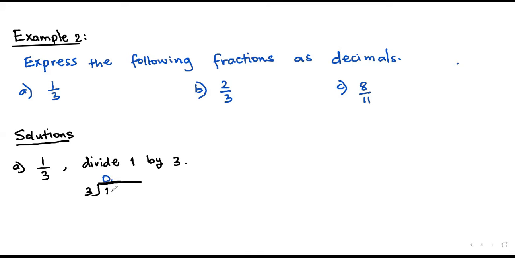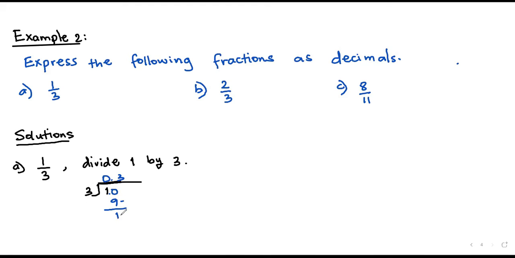And just assume that this is 10. You just have to add a 0 here. So what is 10 divided by 3? 3. And what is 3 times 3? 9. And what is 10 minus 9? 1.